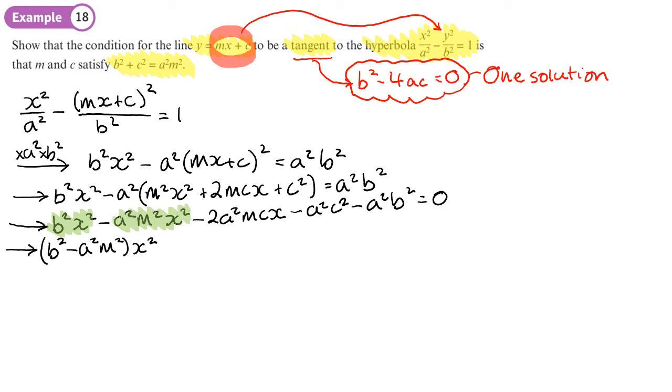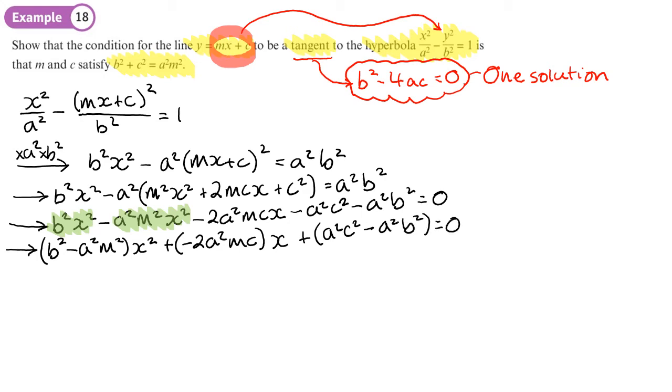I only have one x term, so that coefficient would be minus 2a squared mcx, and then the number I write as plus a squared c squared minus a squared b squared.